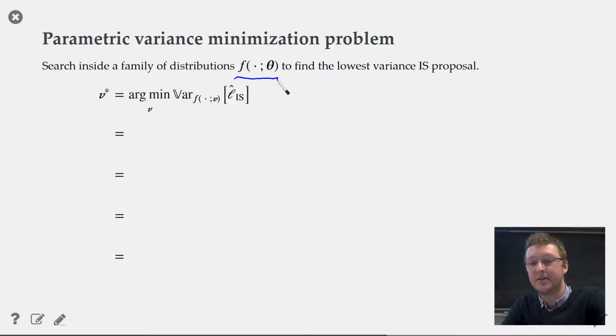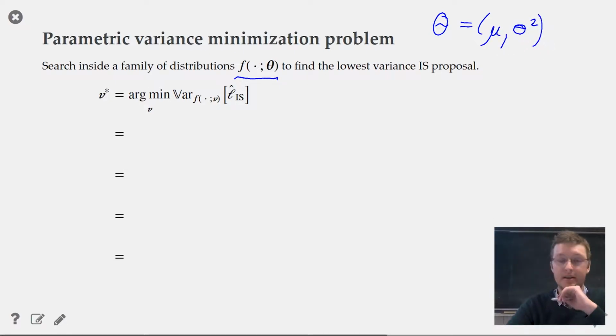So if we were doing normal variables, then this might be a vector with the mean and the variance inside it. And we want to ask ourselves, what is the vector of parameters, the mu and the sigma squared, which minimizes the variance of the importance sampling estimator.